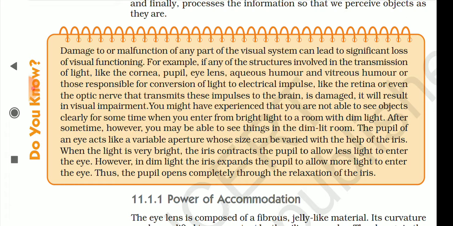Here we can see that the iris is controlling the pupil. However, in dim light, the iris expands the pupil to allow more light to enter the eye. Thus, the pupil opens completely through the relaxation of the iris.